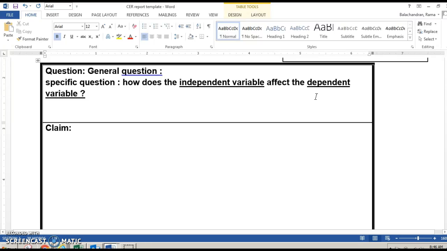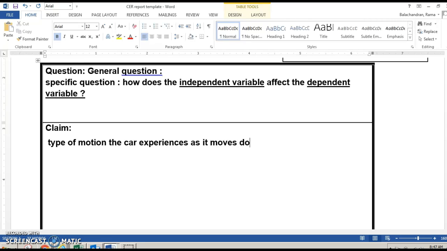You can make several claims. You could make a claim that answers the general question. For example, you could make a claim about the type of motion the car experiences as it moves down the ramps. For example, you can say, well, the car is likely to move down at a constant speed, or an increasing speed, or a decreasing speed. That is very general.